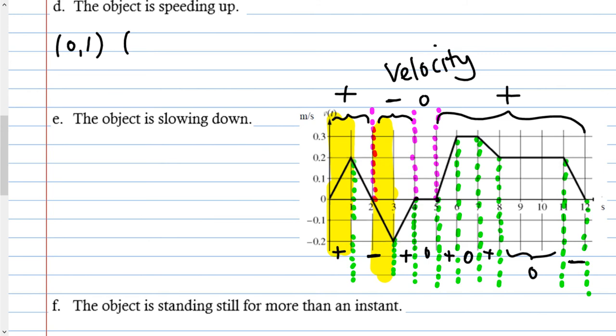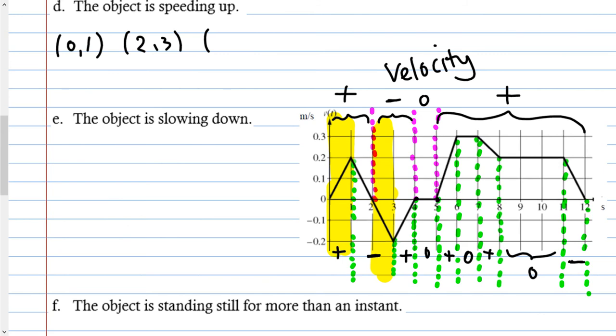So from 2 to 3. Okay, next. From 3 to 4, velocity is negative, but acceleration is positive, so that's not going to work. From 4 to 5, velocity and acceleration is 0. There's no speeding up happening here.